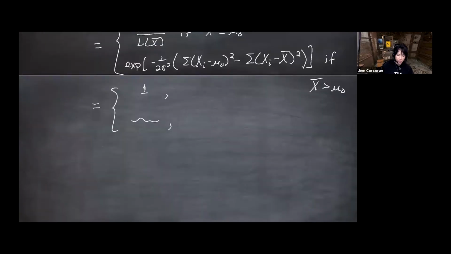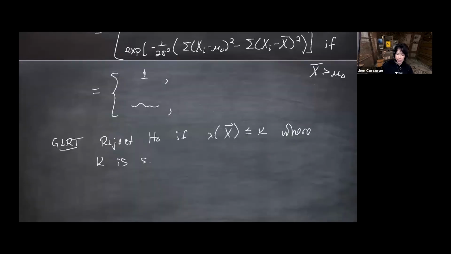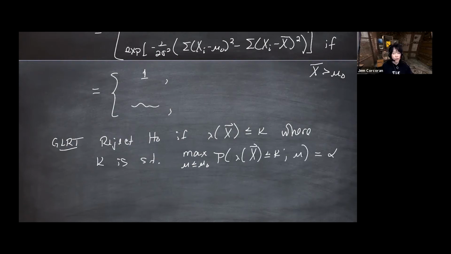Because the test is going to be to reject the null hypothesis in favor of the alternative if this lambda is less than or equal to some k, where k is such that the maximum over all mu less than or equal to mu naught of the probability of rejection, meaning this lambda is less than or equal to k when the parameter is mu, has to equal alpha. And so to solve for k, we need to be able to write down this probability.